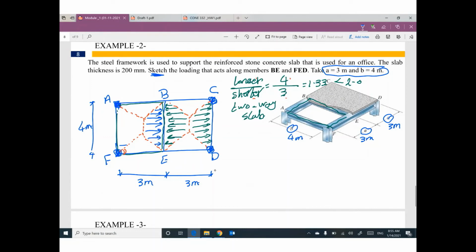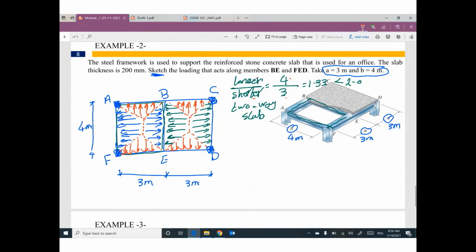This trapezoid will be assigned to beam AF. That makes sense? And finally, this triangle will be assigned to beam ED, and this triangle will be assigned to beam FE. And this triangle, the same for part BC, and this triangle for part AB.